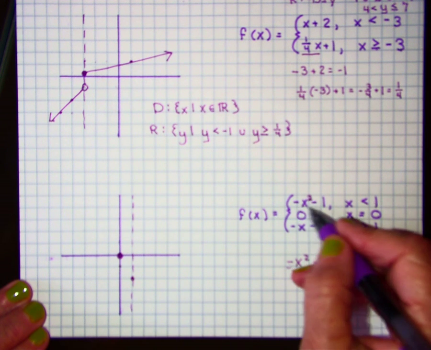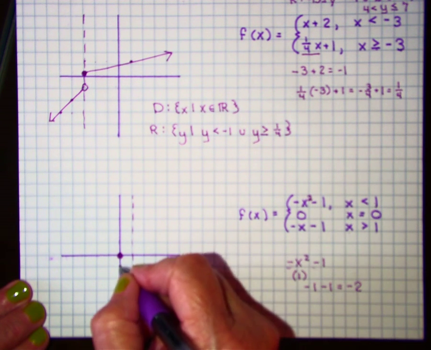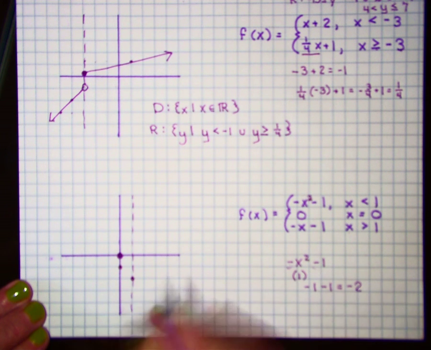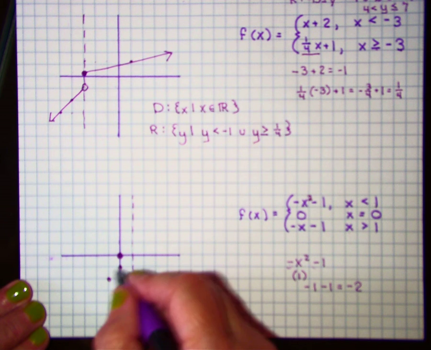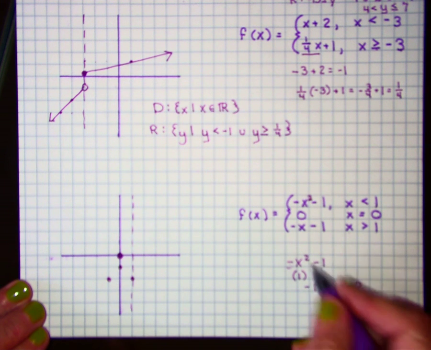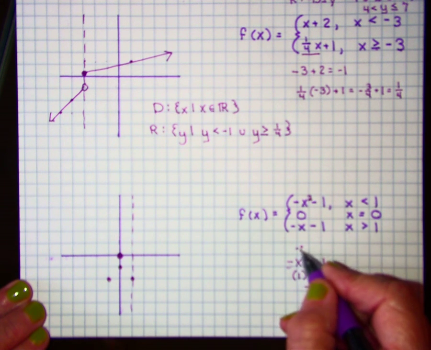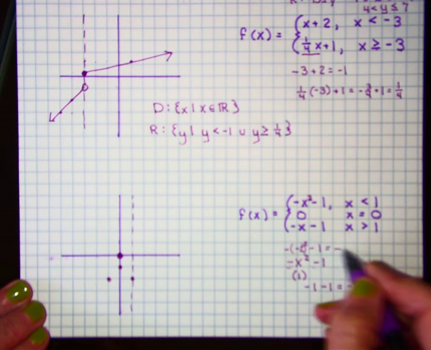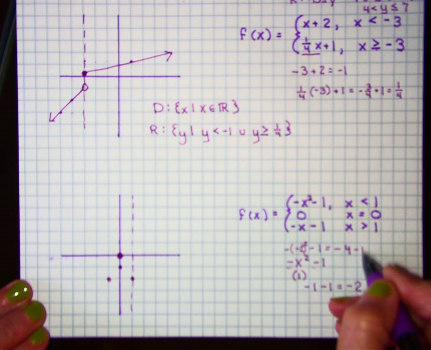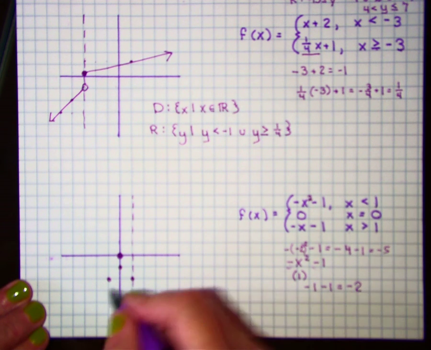But I know this starts, I'm just moving it down to right here. And if you think about the quadratic function, it's going to be 1 there, and then if I do a negative 2, I'll have negative 2 squared, and a negative of that minus 1, that will give me a negative 4 minus 1, which is negative 5.